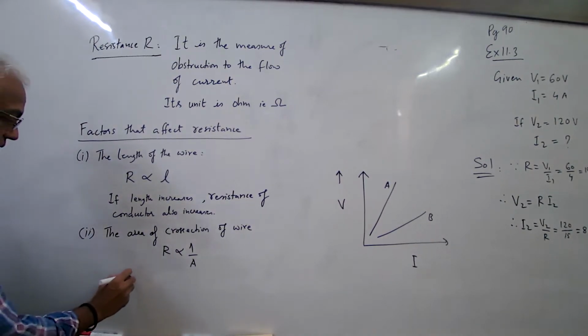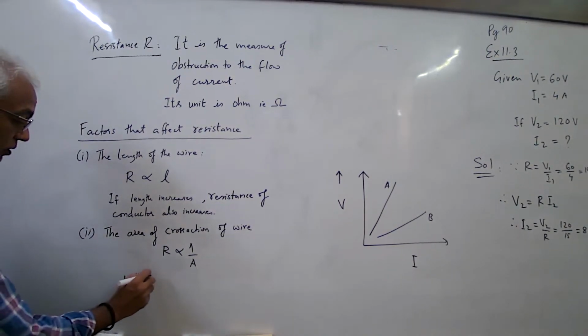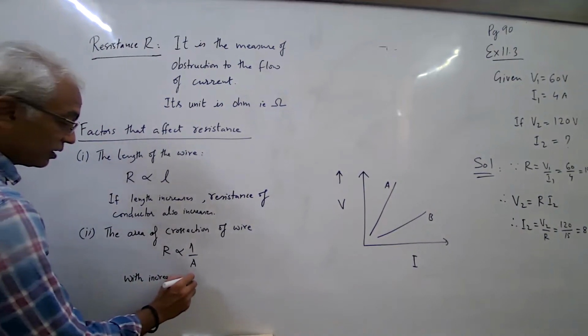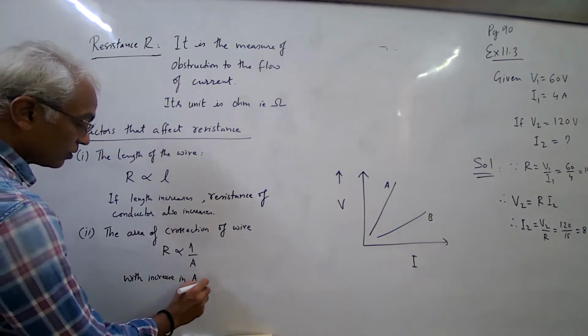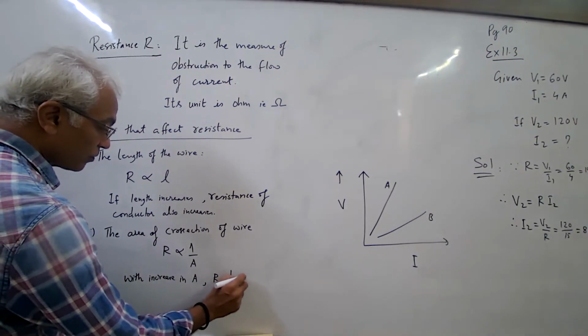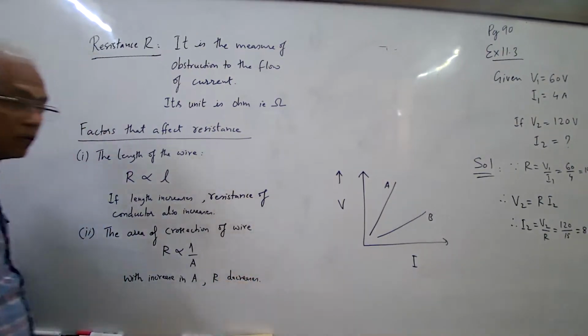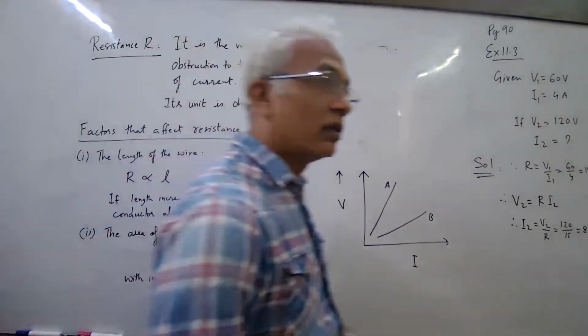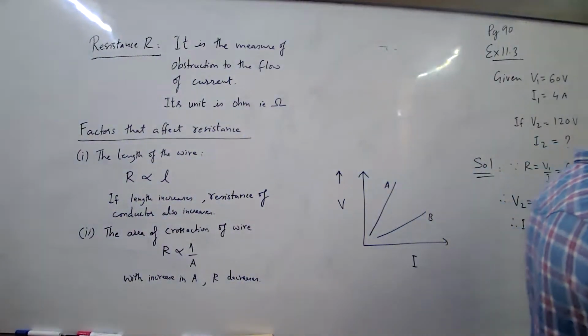So with increase in area of cross section, R decreases. There is an inverse relation between area of the wire and resistance.